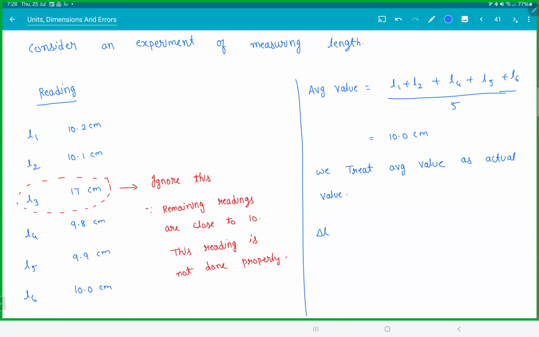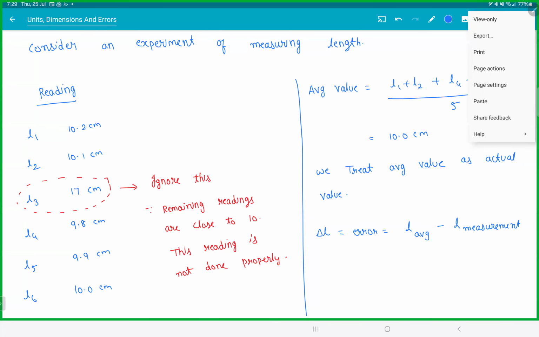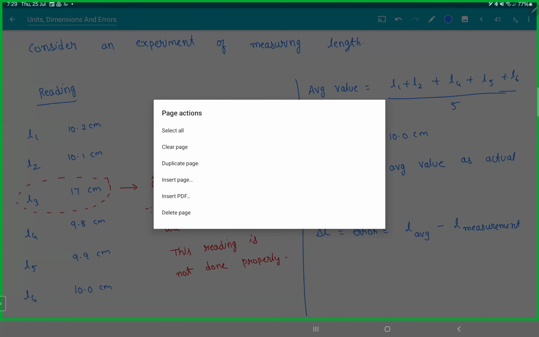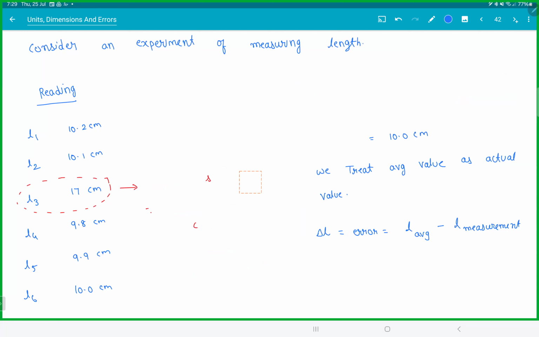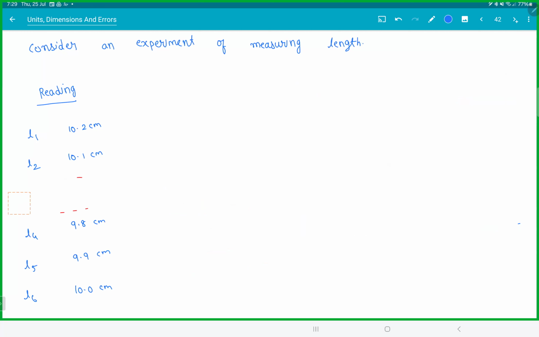And now you want to find the error, delta L. Error is nothing but the actual value, that is L average, minus the measurement. So then we find the error in each. In the first one, the error delta L1: the actual value is how much? 10.